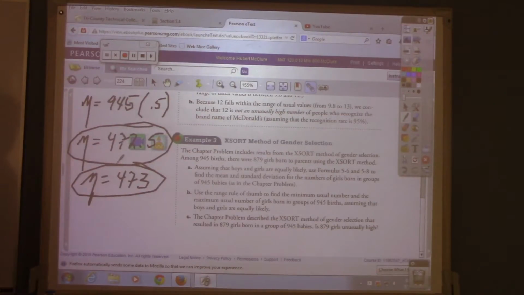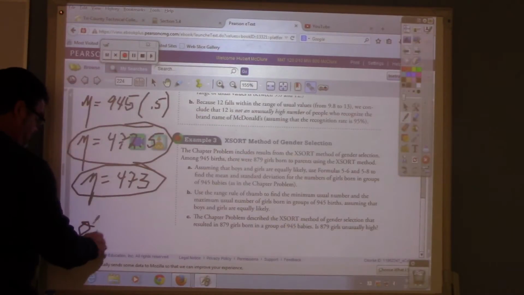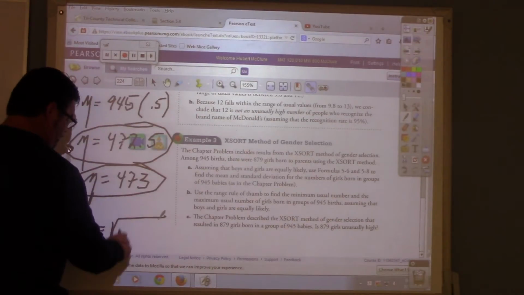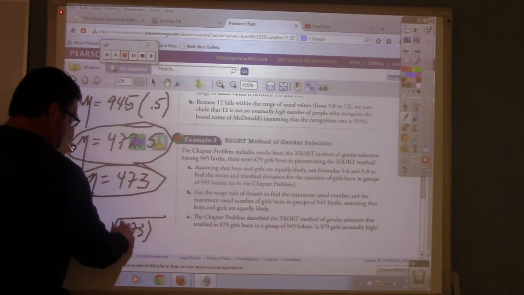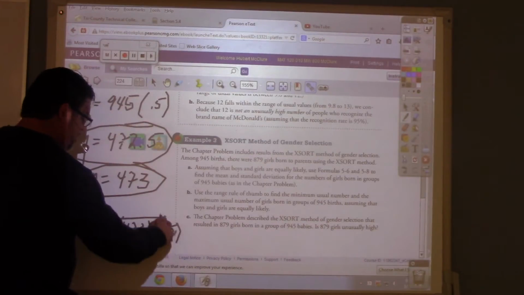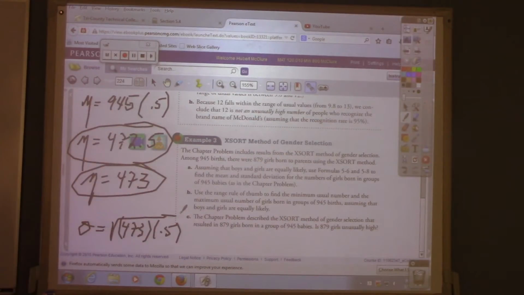And let's find our standard deviation. Square root of 473 times 0.5, because 0.5 is your Q. So half of 400 is 200. Half of 72.5 is 36.25.